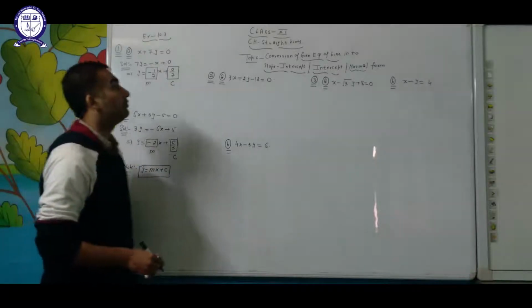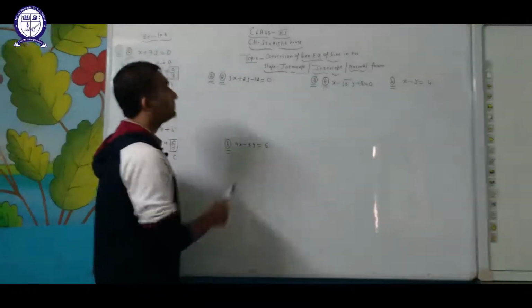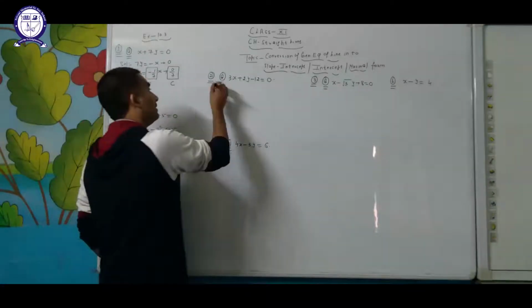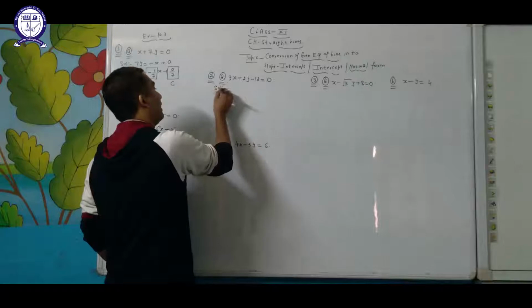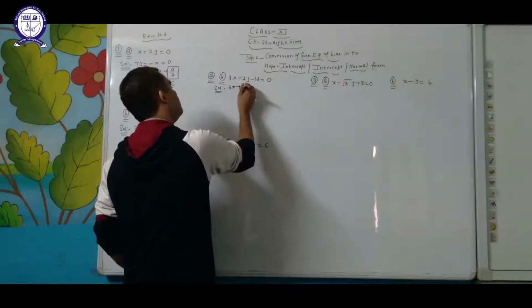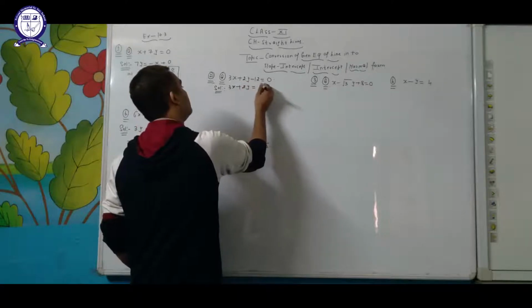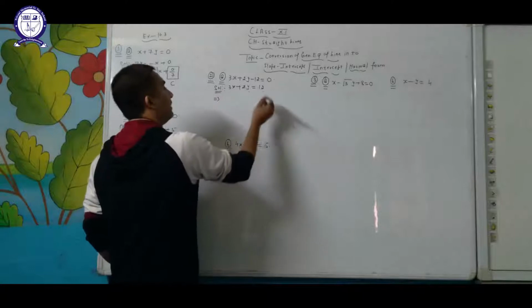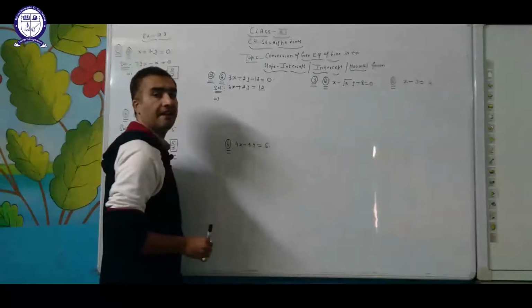Now here is the second question, that is conversion of a general equation of a line into intercept form. To convert the general equation into intercept form, take the constant on your right side. After that, divide the whole equation by your constant, that is 12.